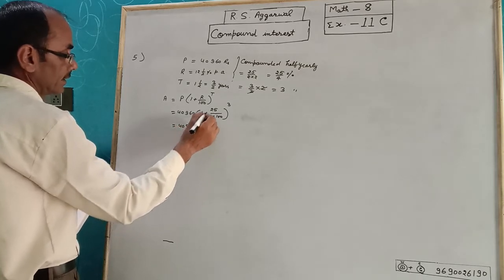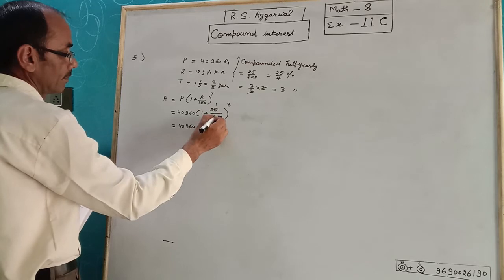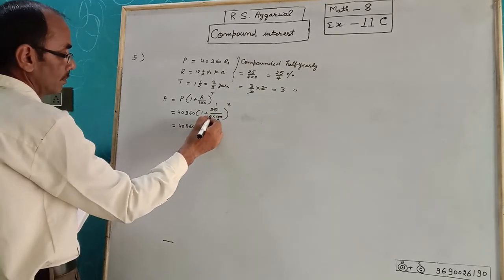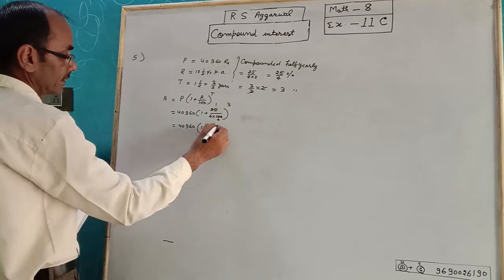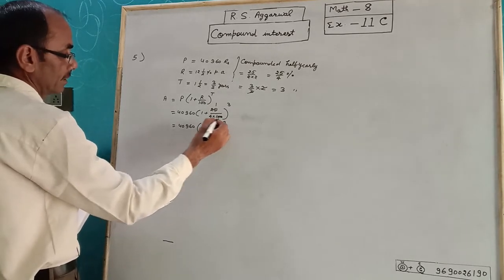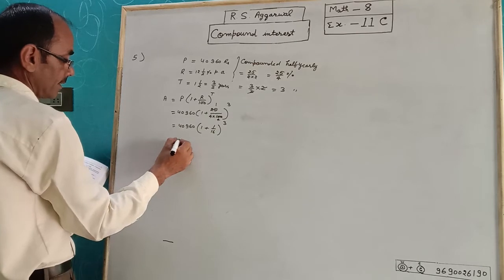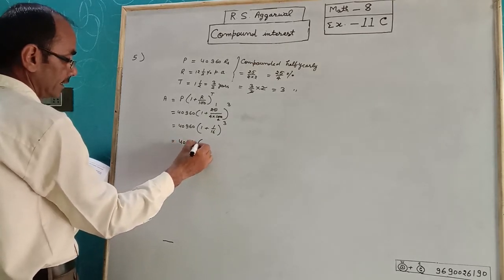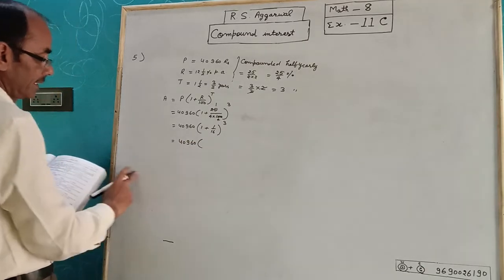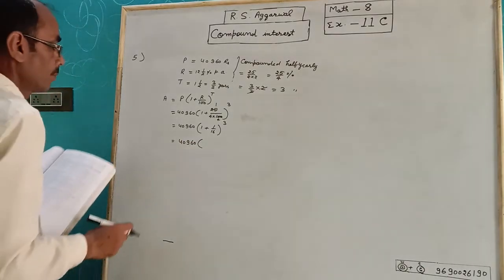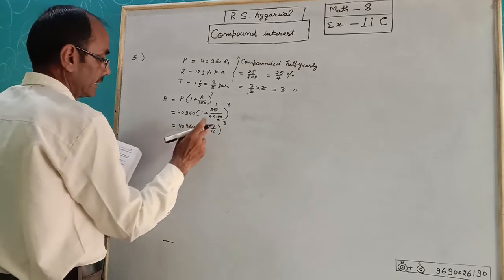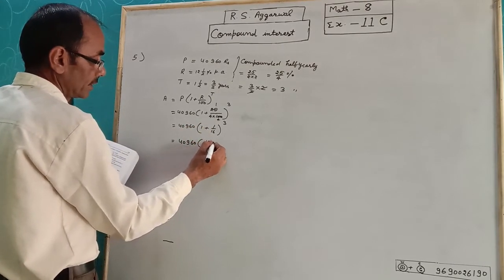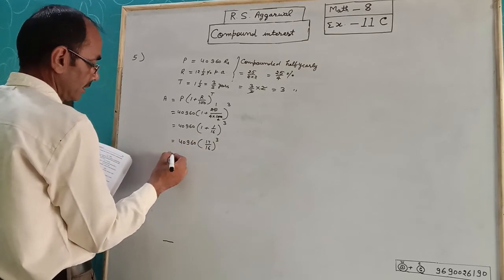40,960, 25 1 ja 4 ja. 1 plus 1/4, 4 ja 16, power 3. 40,960, make the improper: 16 plus 1, 17/16 power 3.